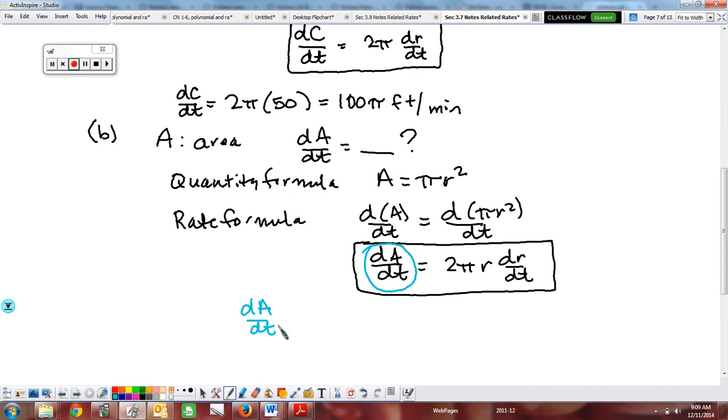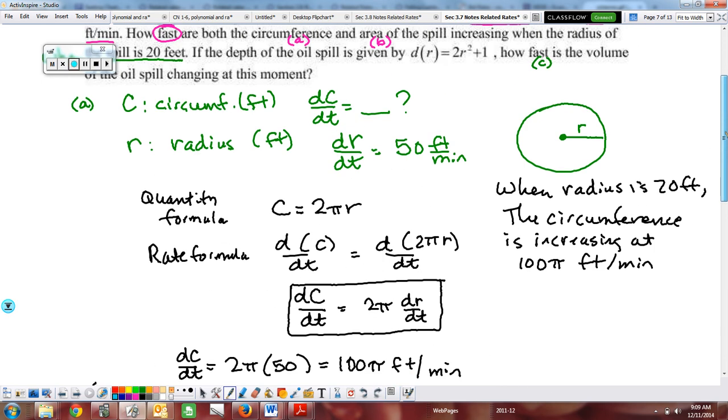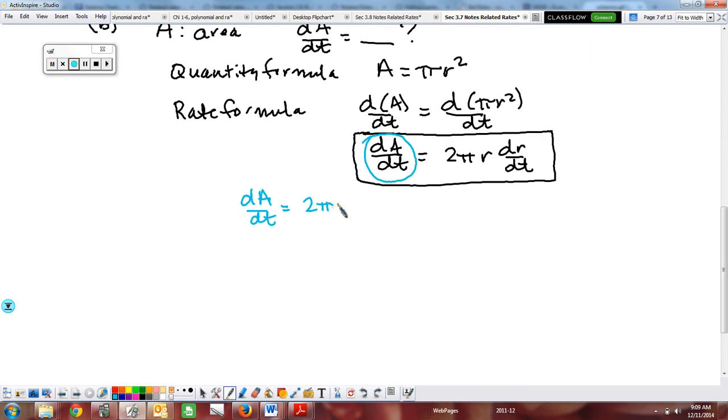dA/dt equals 2 pi. I need an r. What was our instant? The radius was 20 feet. So when the radius was 20 feet and my dr/dt was 50 because it was increasing, and then basically plug and chug, get your answer for the area, and we get 200 pi.